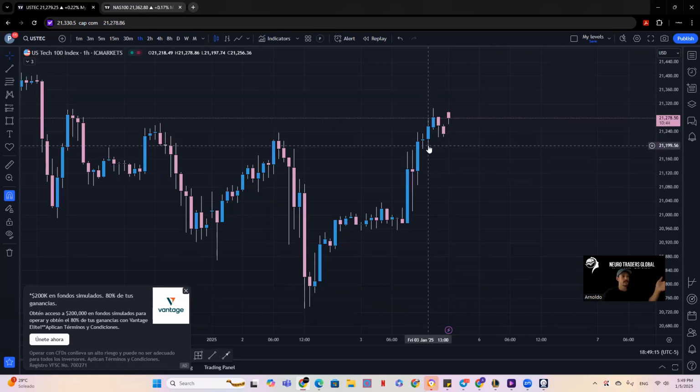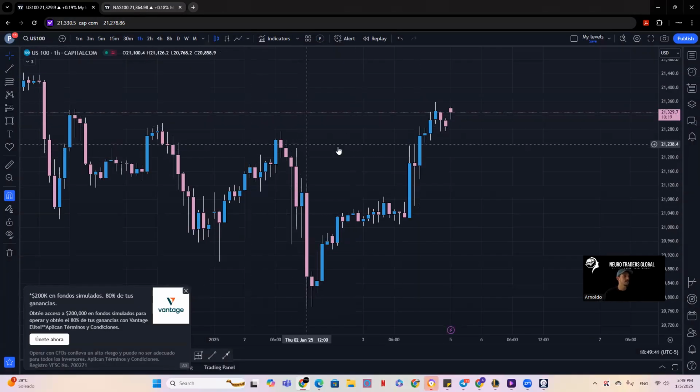Let's say our entry is on the low of a candlestick and our stop loss is on a different low, then you can identify those candles on your broker and use those candlesticks as entry and stop loss. But Capital.com is really good to use. It's what most brokers get close to for Nasdaq price data. So we're going to be using Capital.com, okay?